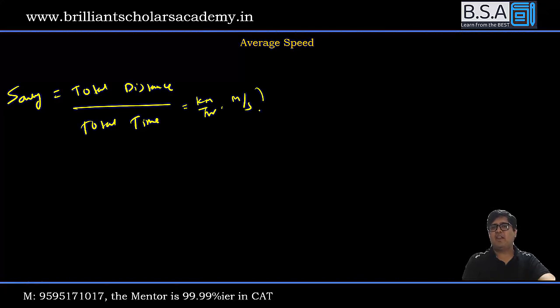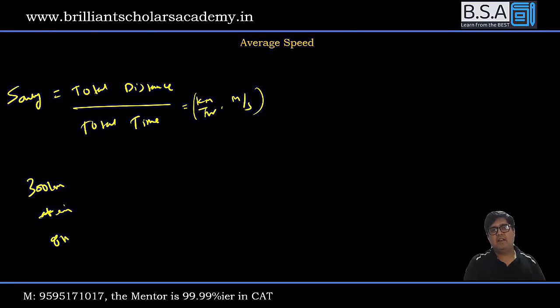The unit is the same as speed. Let me read a small example. Let us say somebody named Mahesh is traveling 300 kilometers in, let us say, 8 hours.